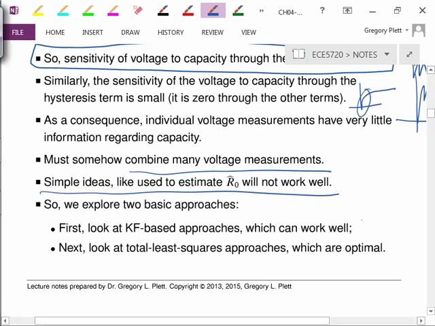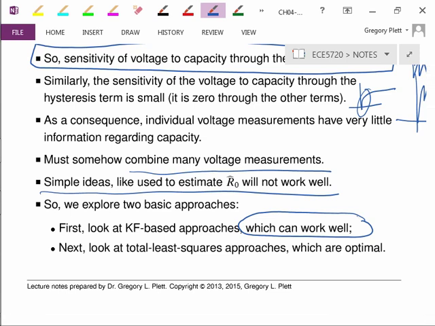For this to work well, though, we really need to have quite clean estimates of state of charge from our filter. So I need to have the best state of charge estimate that I can have. If I don't, then the Kalman filter-based approach turns out to be biased, to have an offset in the estimate.